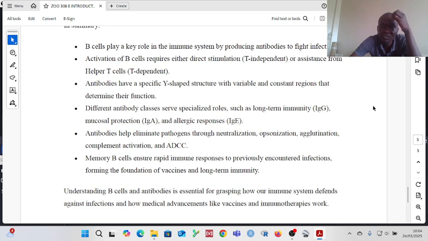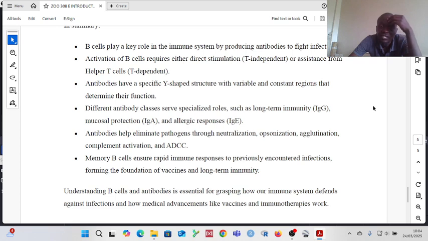Okay, so the antibody will help in tagging a cell that is infected or abnormal. Being abnormal means it is potentially cancerous. So then the natural killer cells, or these specialized immune cells, can now come through and destroy that cell.